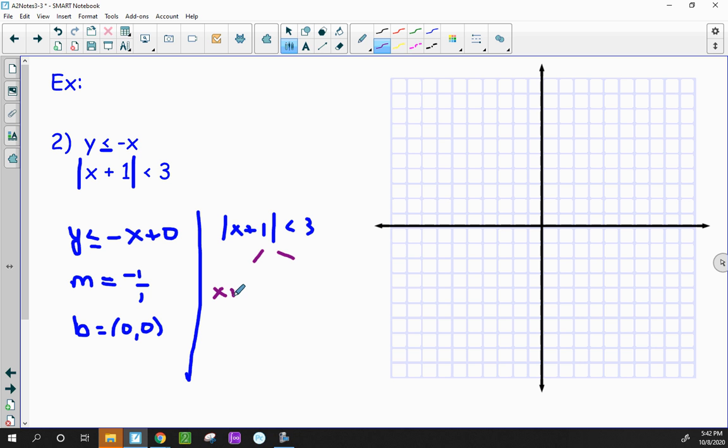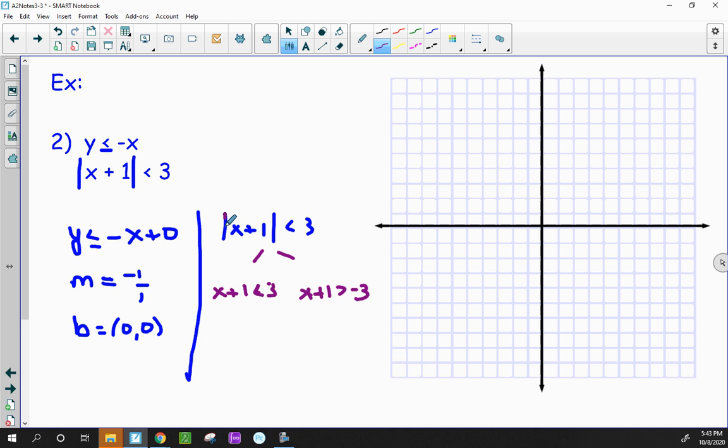The first one's just going to be x plus 1 is less than 3. And the second problem is going to be x plus 1. And what you do to create the second scenario is you change the symbol, so it's going to be greater, and you change the sign of 3 to get -3.